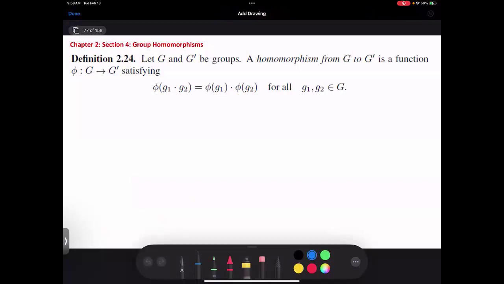Now, when you're looking at something like this, you have to be very careful about how you read things, and about the notation you use. A lot of times in mathematics, we assume you understand what we mean. It's not always a good assumption, but that's what we do. And so over here, on the left-hand side, this is multiplication in G, and on the right side, this is multiplication in G prime.